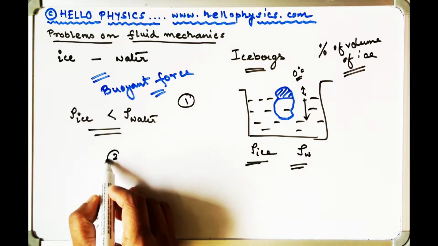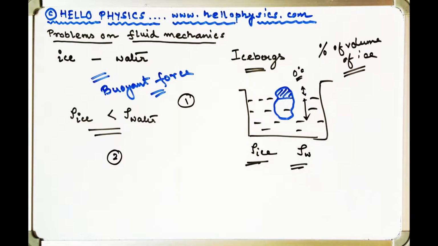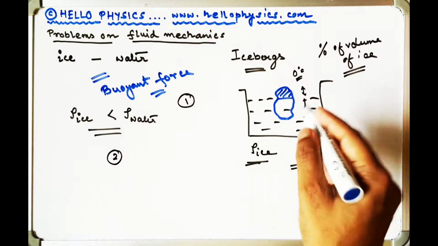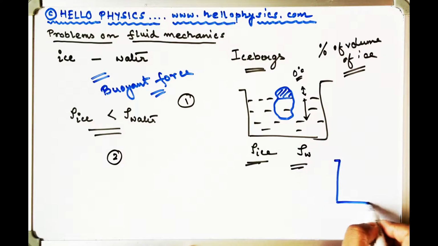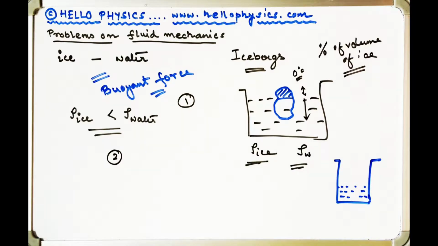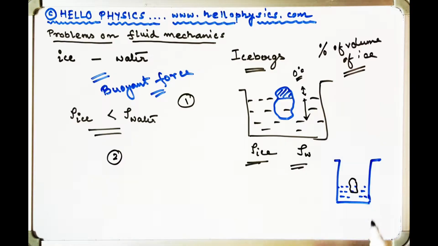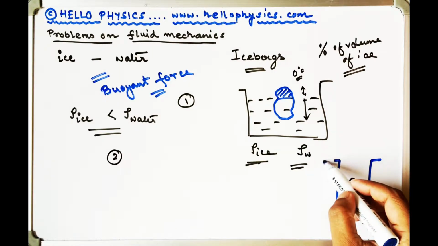The second part of the problem is a little bit more complicated. Let's say you have this container. Let me show this container once more. You have this container and you have the water, a small piece of ice floating. Now what is done is another liquid, let's say some oil, is poured in.